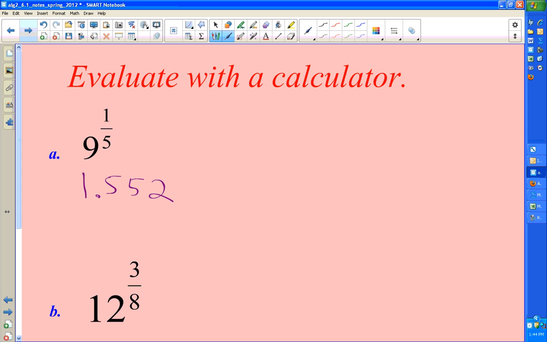So you're going to do 9, x or y to the x, open parenthesis, 1 divided by 5, close parenthesis. Okay. Is anyone else not getting the 1.552?